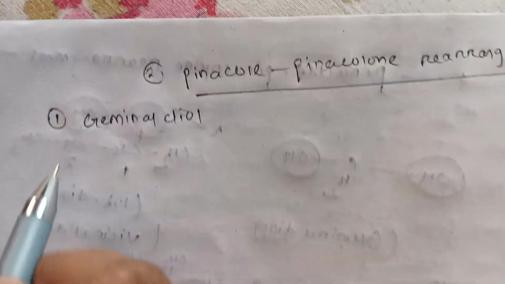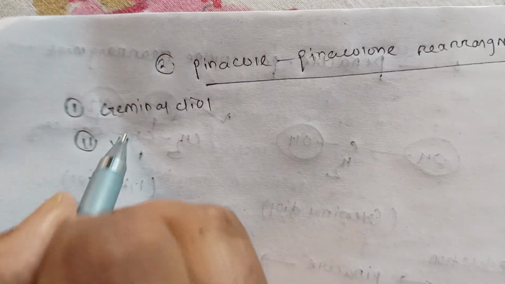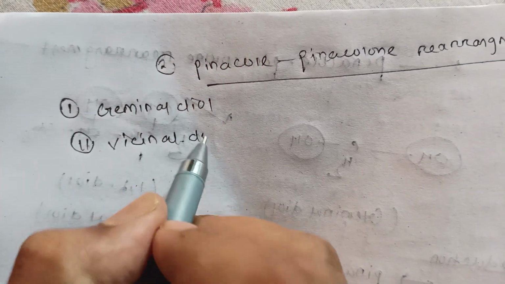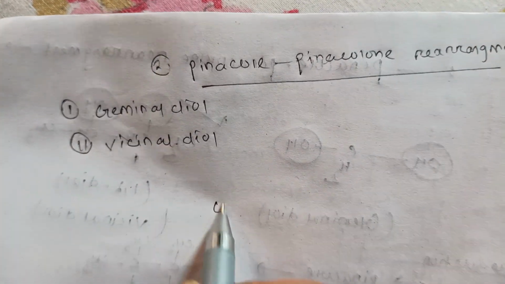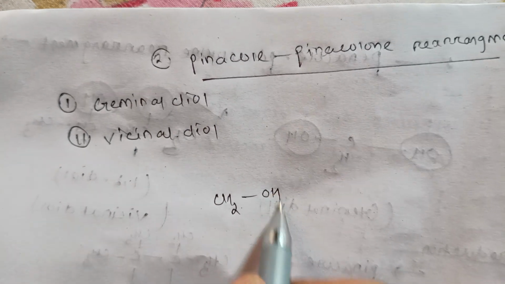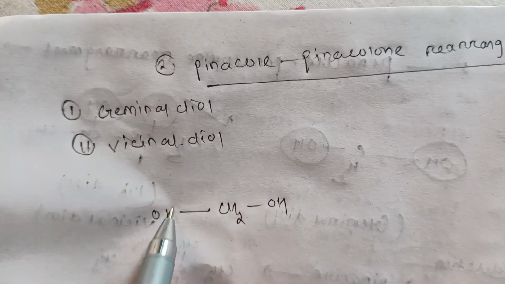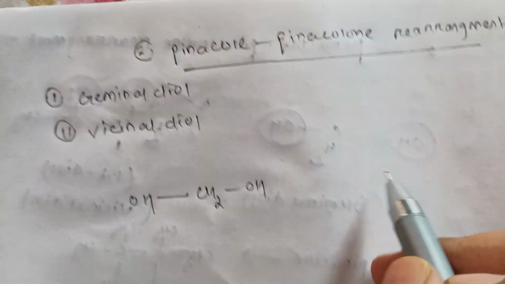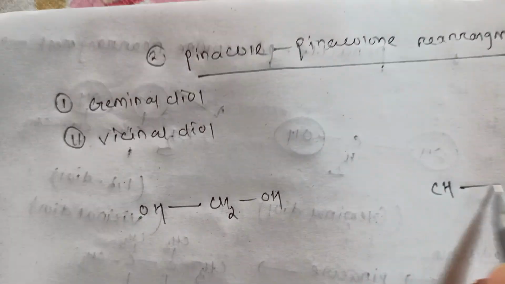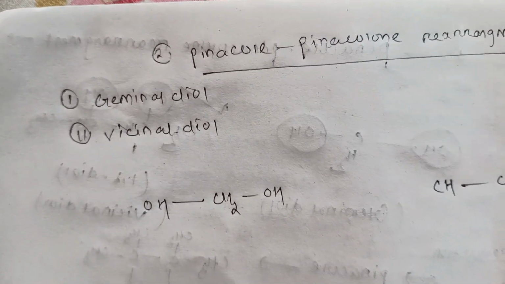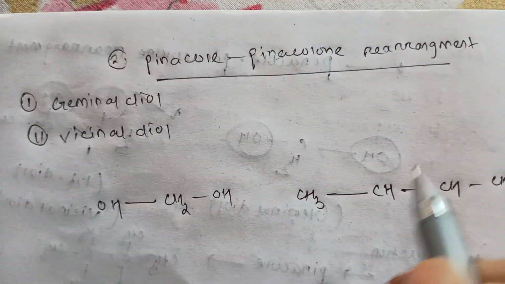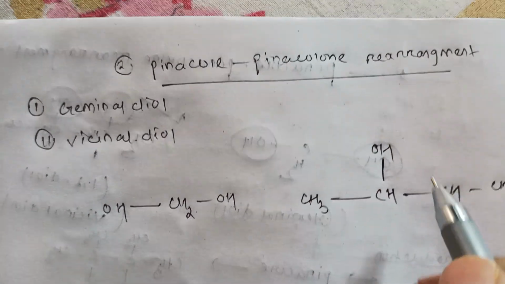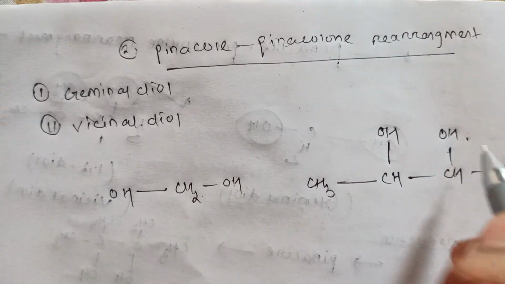Geminal diol and vicinal diol. So what is geminal diol? Here I have drawn the structure like this: CH2OH OH, and here another structure, CH3, and here CH3, and one OH group is attached, another OH group is attached.